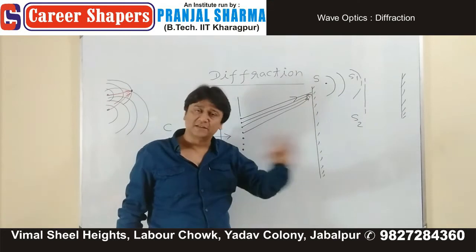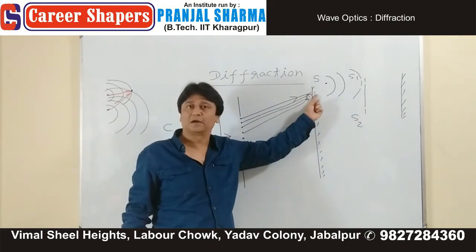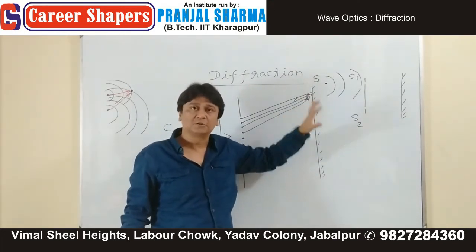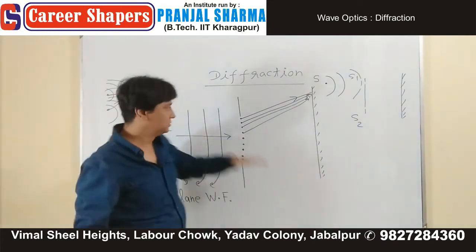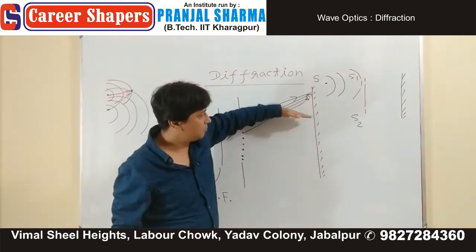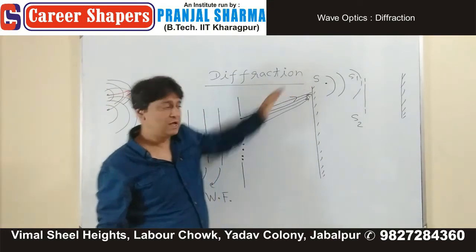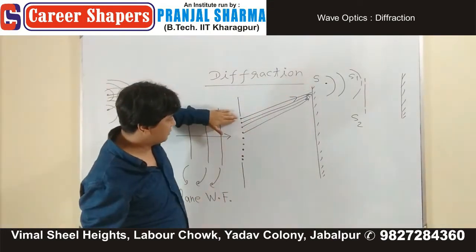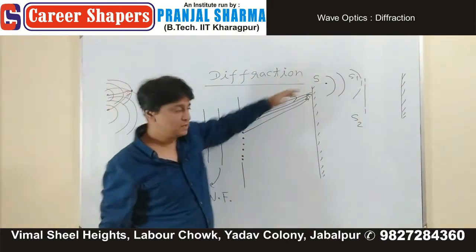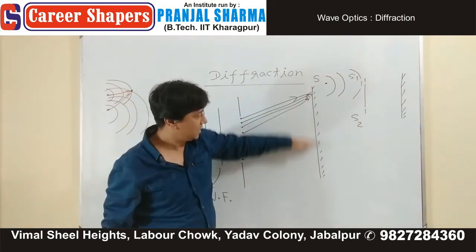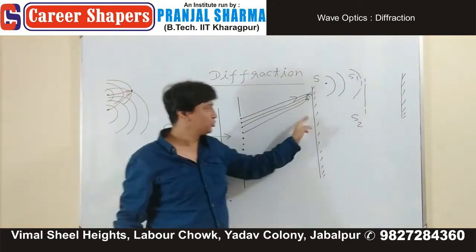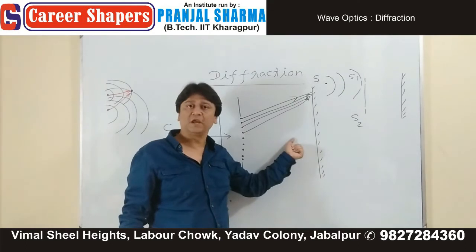If they all cancel out each other, you will see a completely dark spot. And that's the reason we see bright and dark fringes on the screen away from the portion which is just in front of the slit opening.